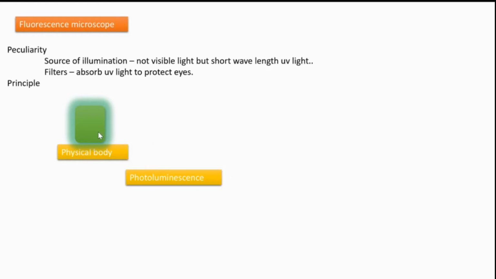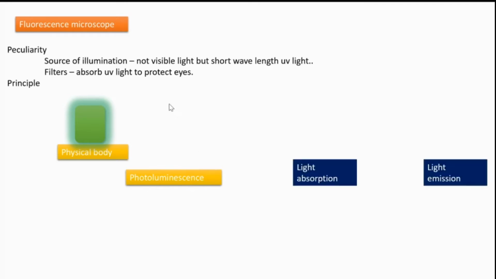That property of a physical body is called photoluminescence. Absorbing light and emitting light, that property is called photoluminescence. Next, between the light absorption and light emission, there exists a gap. What is there? Between the light absorption and light emission, there is a gap.